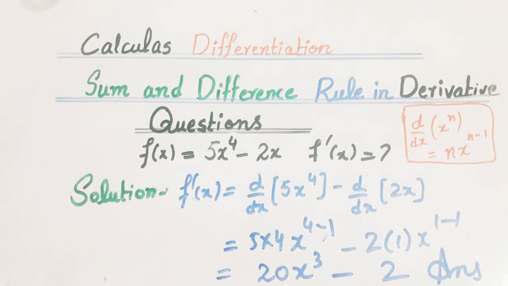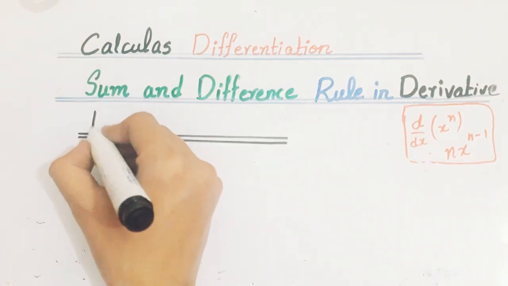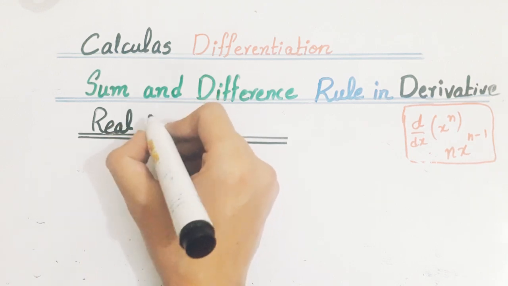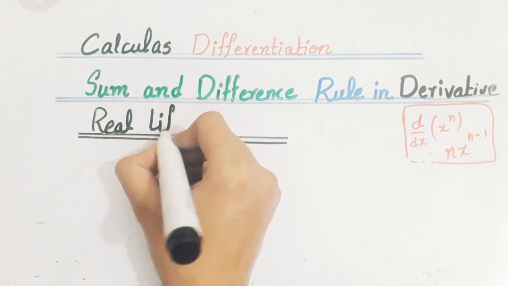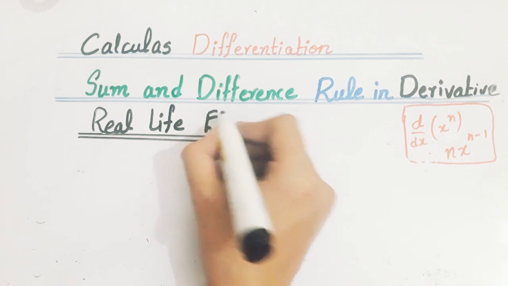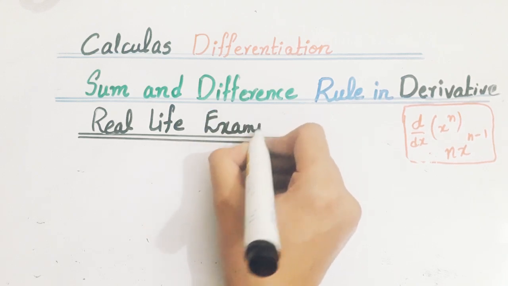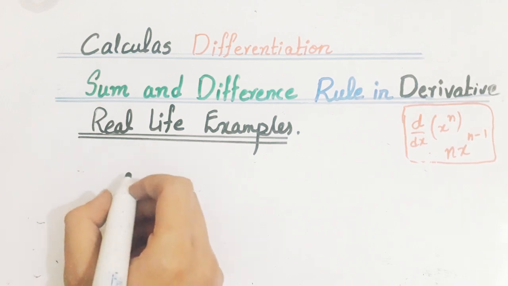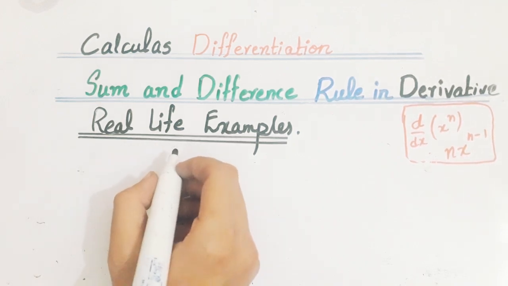Now I will tell you some real life examples related to this. Imagine you are tracking two people walking.